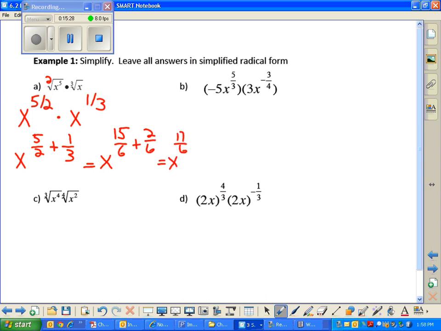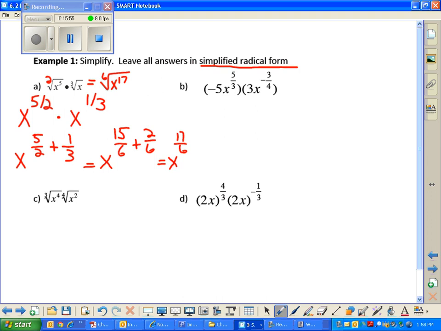17 over 6. Check out the directions, though. Oh, we have to leave it as a simplified radical. Oh, man. So we have to do our ER rule to actually rewrite this as the 6th root of x to the 17th. Is that done? The 6th root of x to the 17th? No. What do I do to simplify that now?